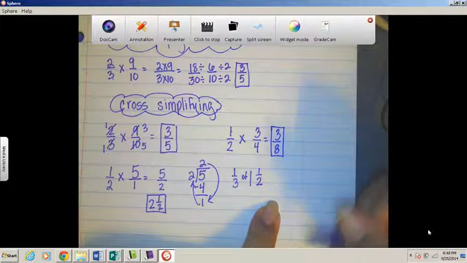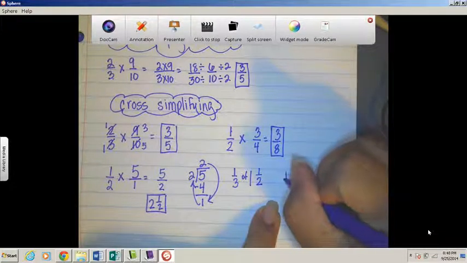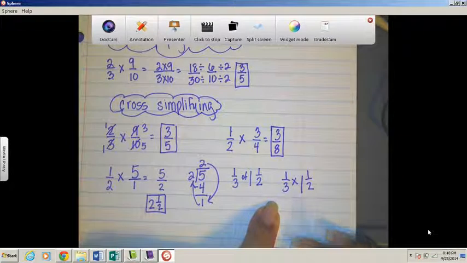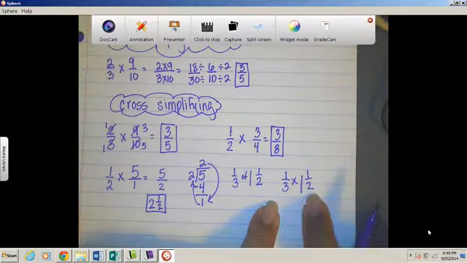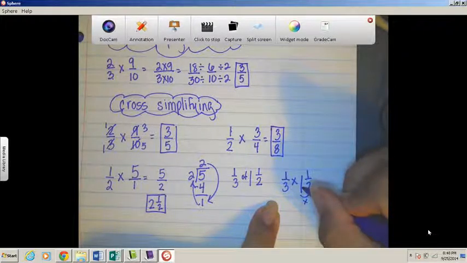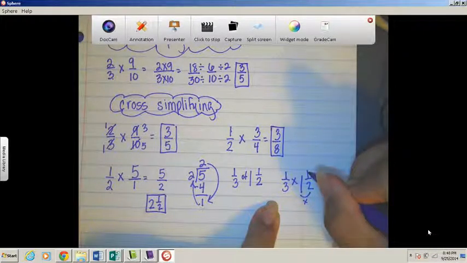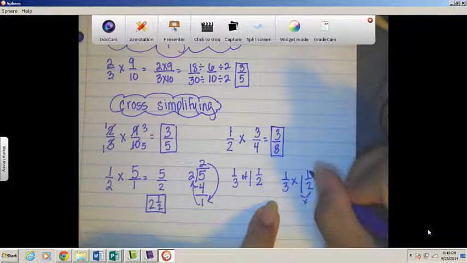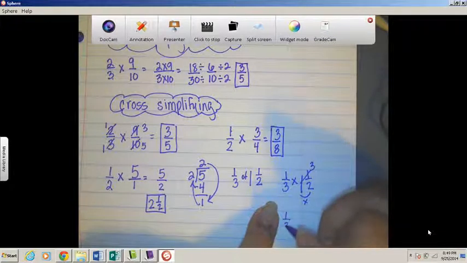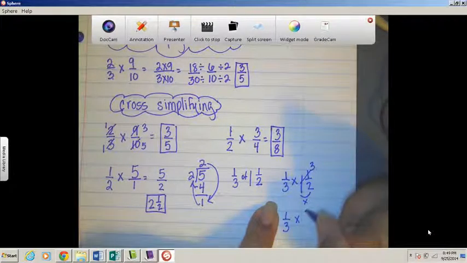That means I'm going to multiply 1/3 times 1 and 1/2. Before I can multiply, I'm going to need to convert this mixed number to an improper fraction. 2 times 1 is 2, plus 1 is 3. So my problem is really 1/3 times 3/2.